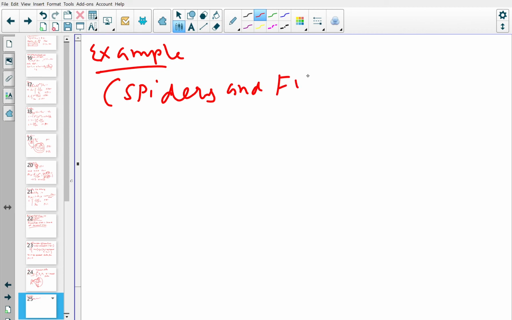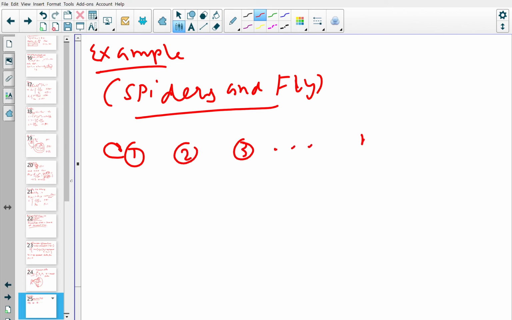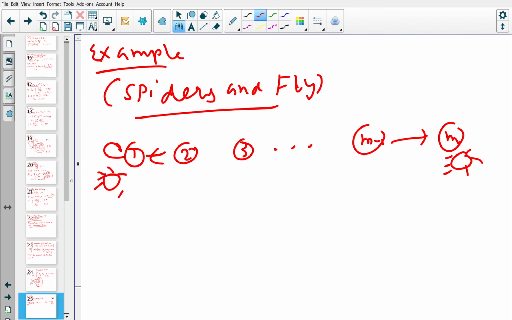You have a spider sitting at state 1, and another at state m. Spiders are sitting here and here, and a fly is in states 2, 3, up to m minus 1. If it ends up at 1 or m, then the spider will eat it. So it's kind of an absorbing state, right?